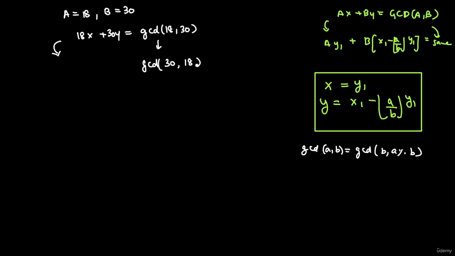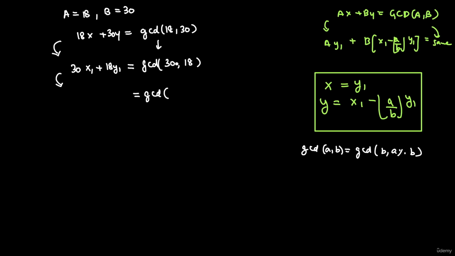Effectively, if the first number is smaller, then in the first step these two numbers would be swapped and then the process of reducing the numbers would start. So this becomes 30. Now x is going to change. It would be some x1 plus 18 times some y1, and this should be equal to gcd of 30 comma 18. So we can reduce it further. First I will write the right hand side.